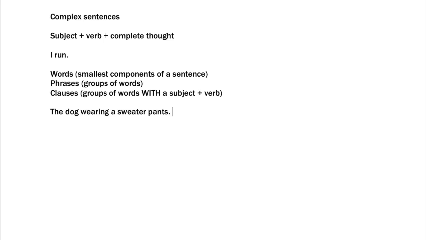We understand the dog is panting, not that he's wearing the sweater and pants. So the dog wearing a sweater, pants. We've got a subject that consists of a noun phrase.